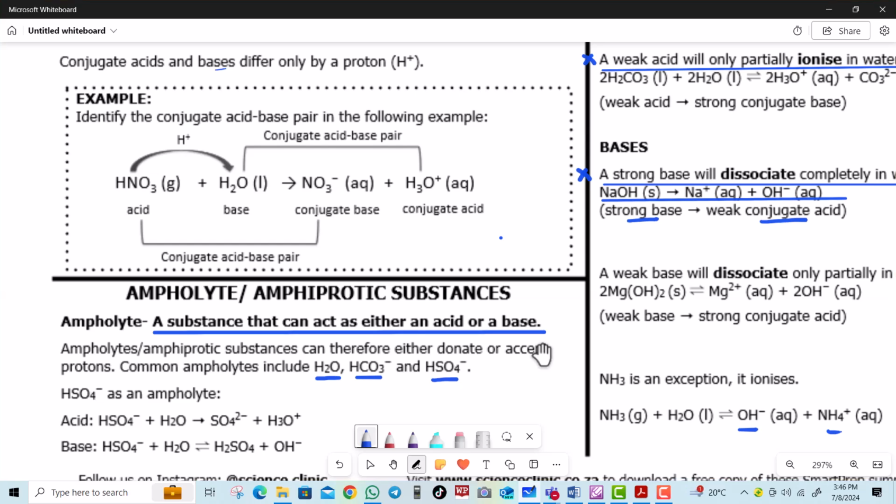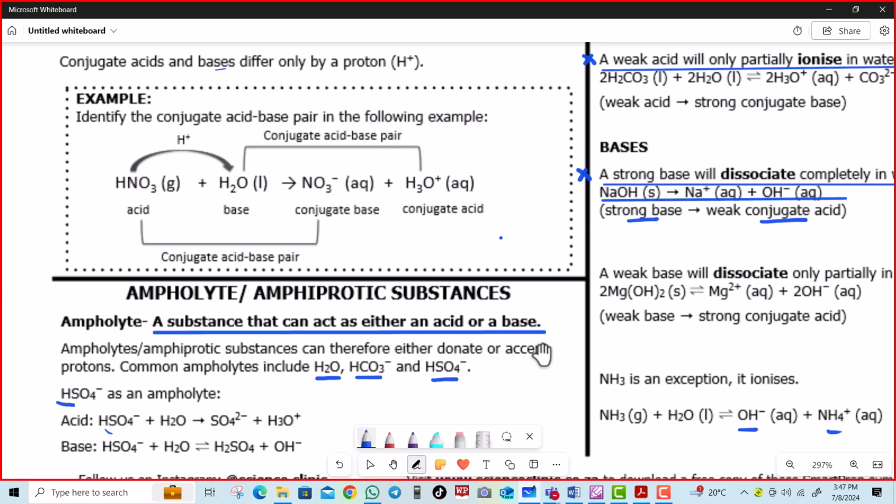For example, hydrogen sulfate as an ampholyte. If you look at our equation, it can react with the water to donate the remaining proton to form the sulfate with hydronium ion. However, it can also act as a base by taking hydrogen from the water to form sulfuric acid plus OH ions. Why do we call it an ampholyte?